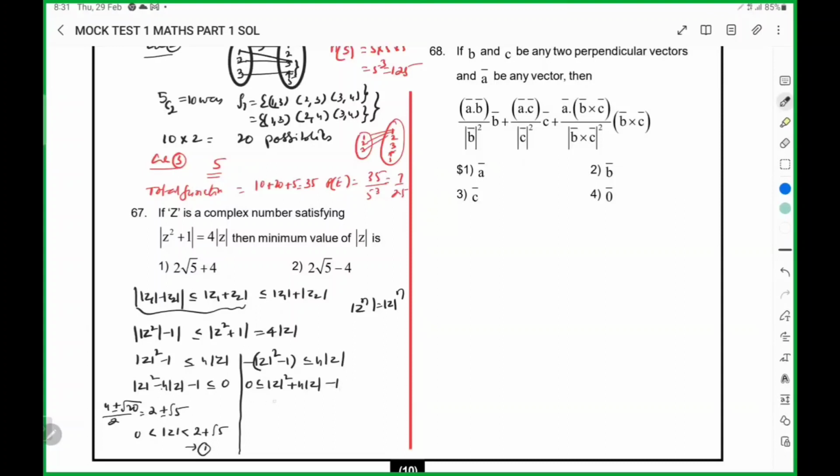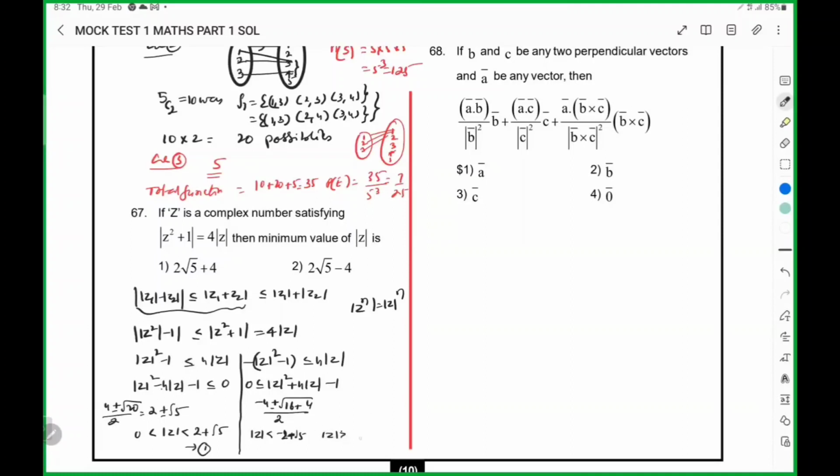Here the roots will be minus b plus or minus root of b square minus 4ac, that is minus 2 plus or minus root 5. So mod z is greater than minus 2 plus root 5.